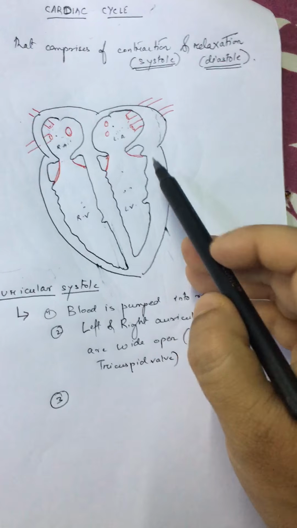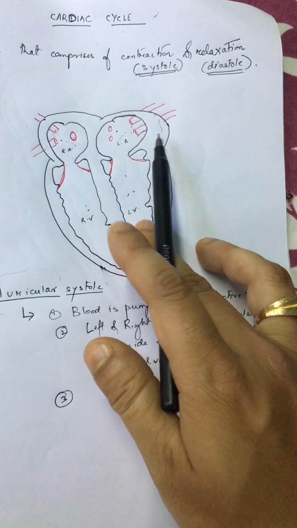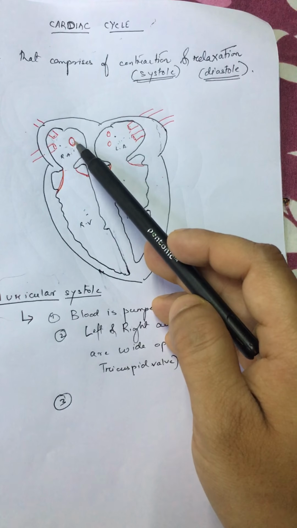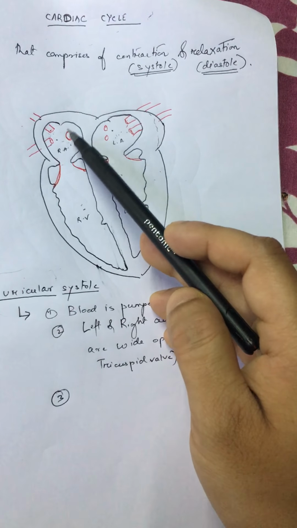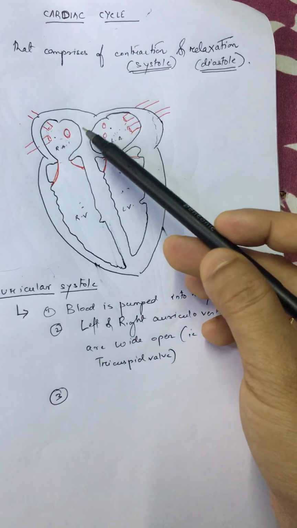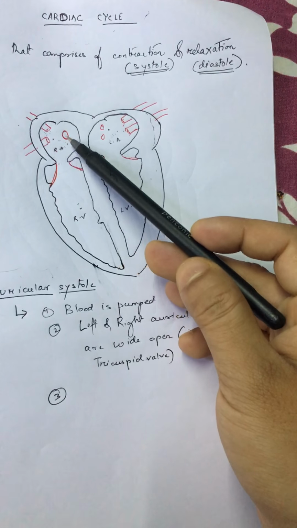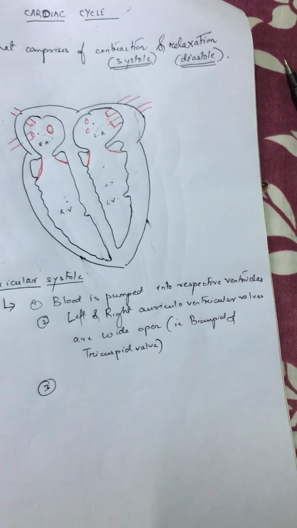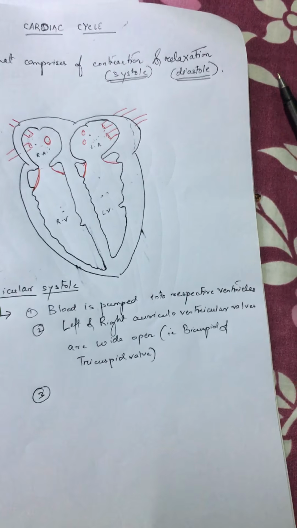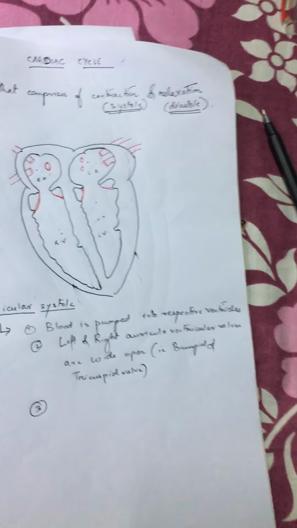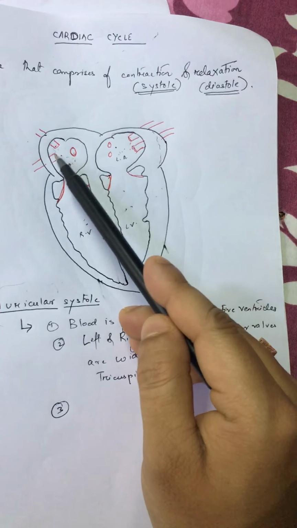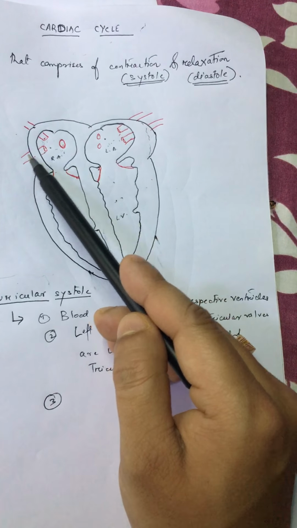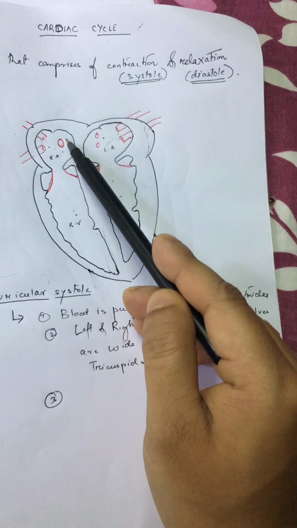Now, when the auricles are going to contract, there are valves at the inferior vena cava and at the coronary sinus. I told you why the valves are present: whenever the auricles contract, a pressure is generated, and because of that pressure the blood may flow back through the inferior vena cava and the coronary sinus.